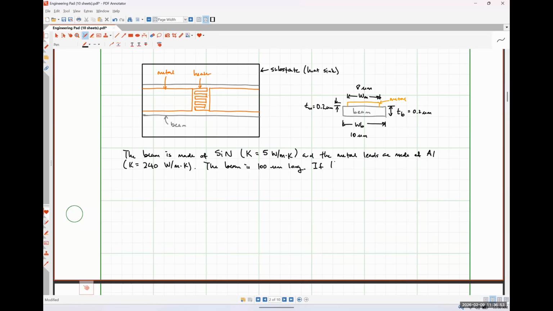If the input power to the heater is 0.1 milliwatt, and we want to know what is the heater temperature, assuming the substrate maintains a temperature of 27 degrees Celsius.